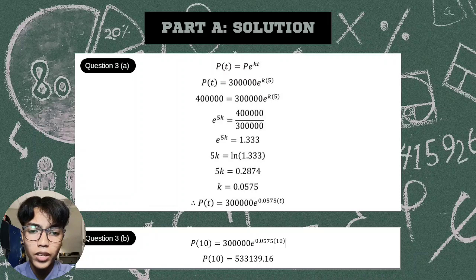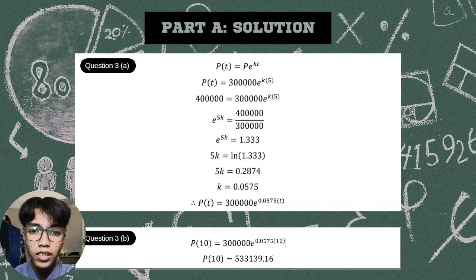Now, based on the information that we got, we can put it into the formula. The equation is 400,000 people equals 300,000 people multiplied by e to the power of 5k. Now we divide 400,000 by 300,000, and the answer is 1.33. Now the equation is e to the power of 5k equals 1.33. To leave k alone, we need to move the exponent to the right side.